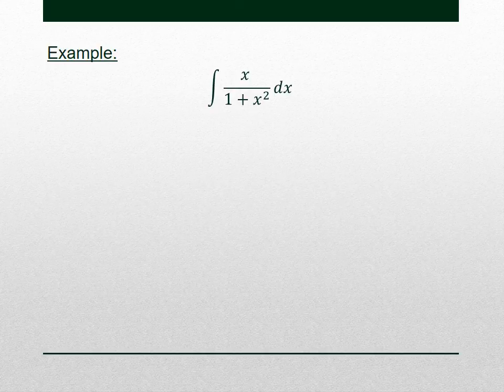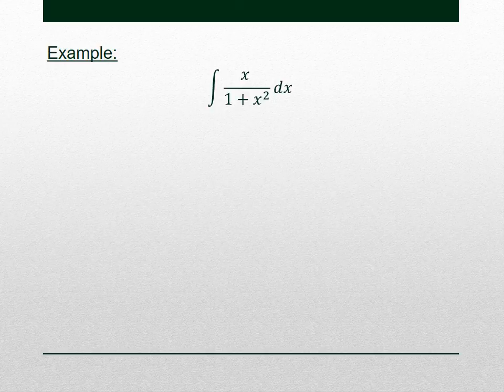How about the antiderivative of x over 1 plus x squared dx? So which one of these does that look like? On the last slide, we had 3 examples. I'll give you a second to think about it. All right, so that's going to be that second example where we had a fraction and the denominator was not all raised to a single power.